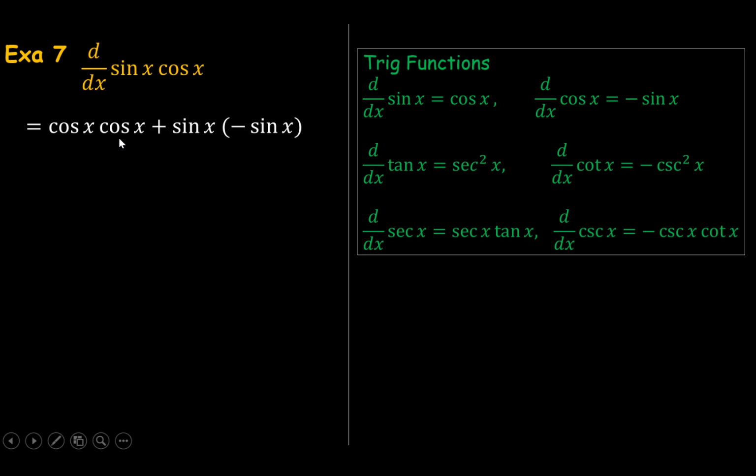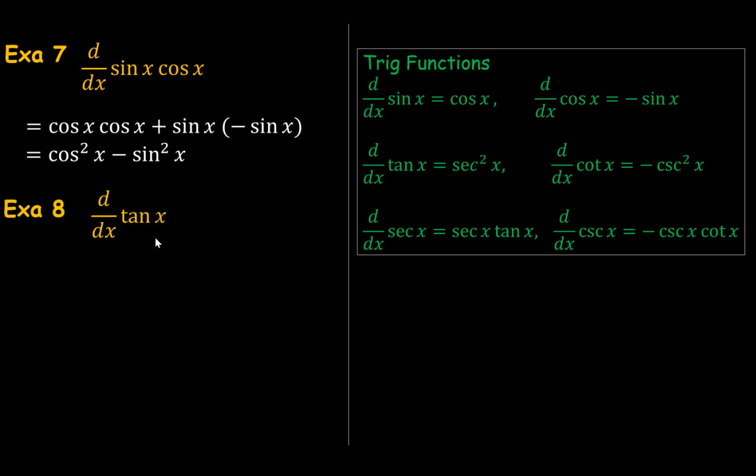This is your f prime g part. Plus f times g prime. f is sine, and the derivative of cosine we know is negative sine, so negative sine. And then just simplify the algebra. Cosine times cosine is cosine squared. Sine times negative sine is negative sine squared, and that's it. Okay, this is also equal to cosine 2x, but it doesn't matter. We can keep the answer just like this.